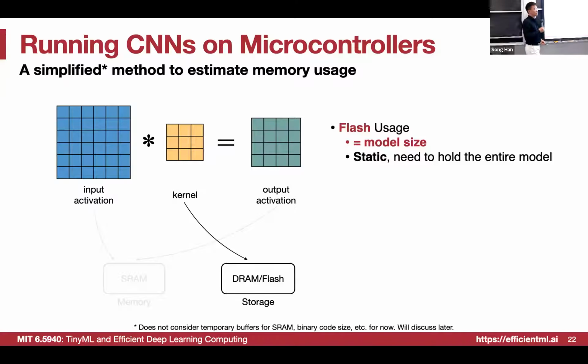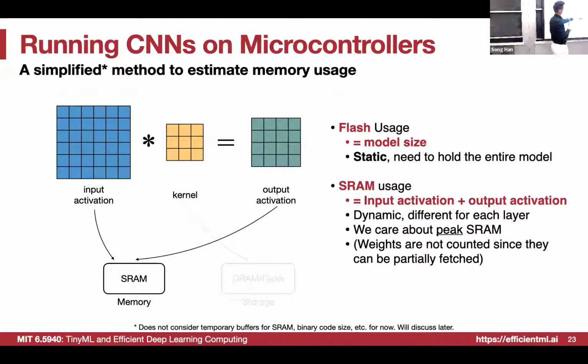So what does it mean for the weight and activations? The Flash stores the weight. So the size of the Flash concerns our model size. The model is static, no need to change. We don't need to hold the entire model when we are calculating each layer. And SRAM usage equals the input activation plus the output activation for every layer. That is dynamic, since for each layer we have to calculate a new activation.